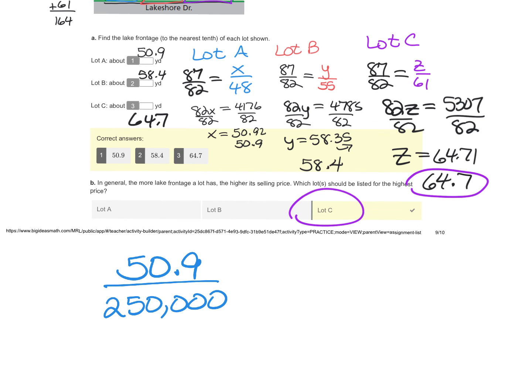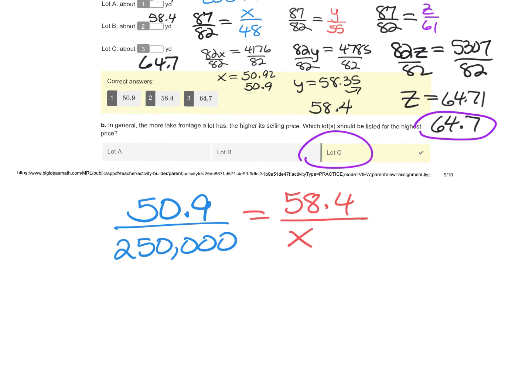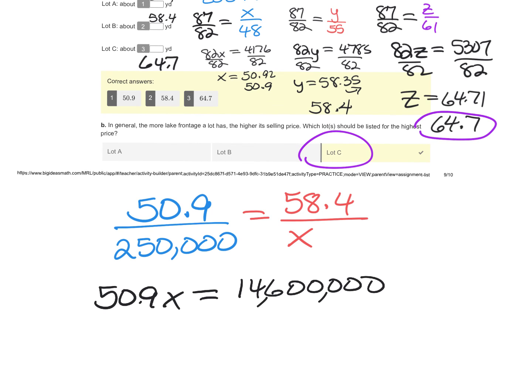And now I'm going to use this ratio to answer the price for Lot B and Lot C. So for Lot B, I'm going to set this equal to 58.4, and I'll just use X. Now, this is where I'm not going to give you a question with this large of a number, because watch what happens when I multiply this. 50.9 times X, 250,000 times 58.4 gives me 14,600,000.